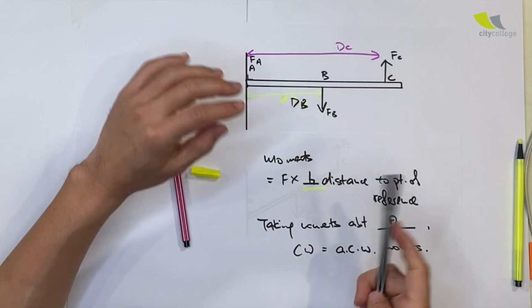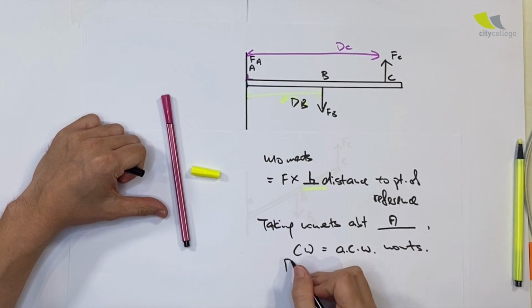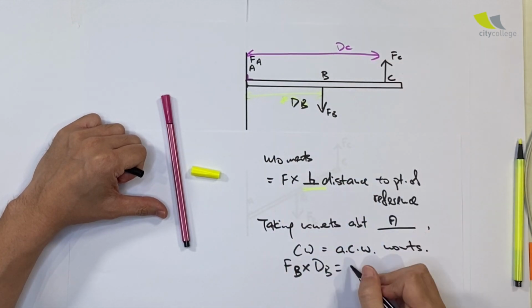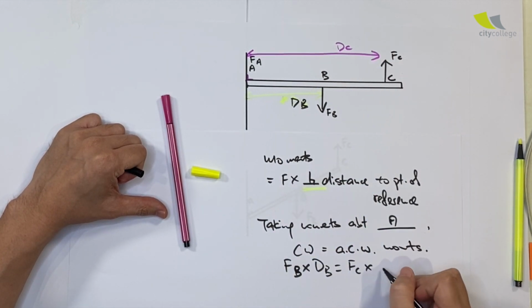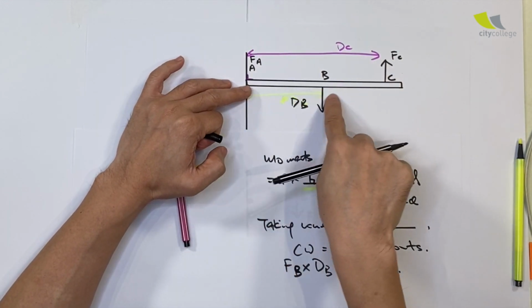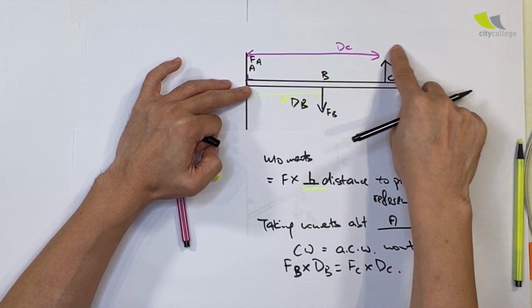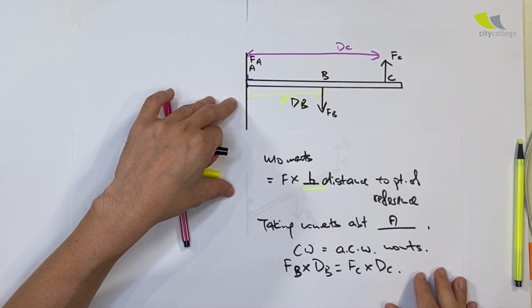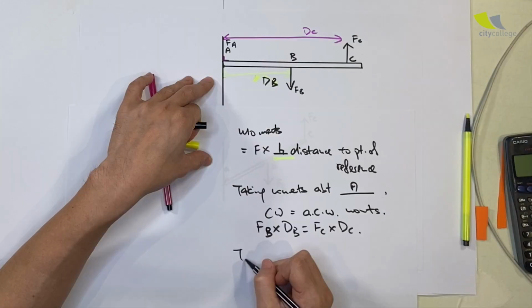So clockwise moments will be FB multiplied by DB equals FC multiplied by DC. Since DC is much longer than DB, this force will be less than this in order for moments to balance.